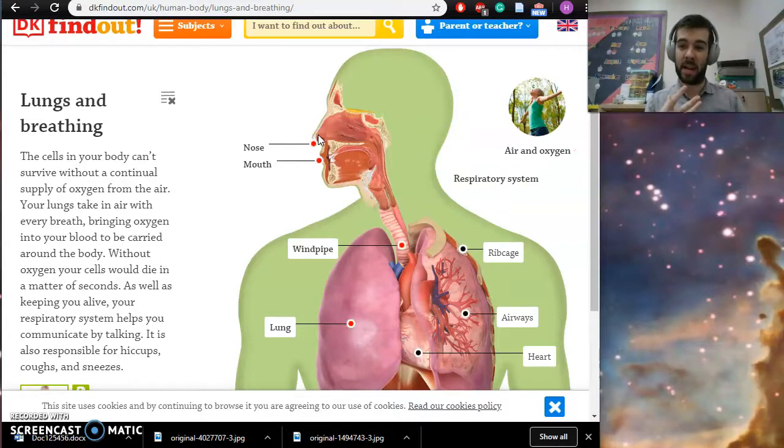If we breathe in through our mouth, there's not as much of a protection system. Our nose is full of mucus, it's full of hairs, it's full of lots of things to stop anything that shouldn't get to our lungs getting there. We can breathe out through our mouth, but we should be breathing in through our nose.